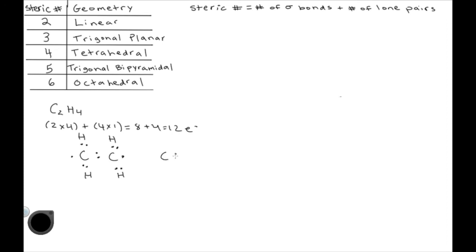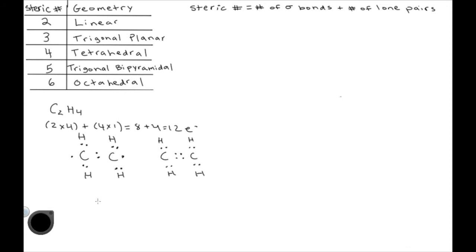Here's 1 carbon, here's a double bond between them, and then here are our hydrogen atoms bonded to our carbons. Right, so ethylene is going to look something like this. So now let's replace any shared electrons with bond lines.